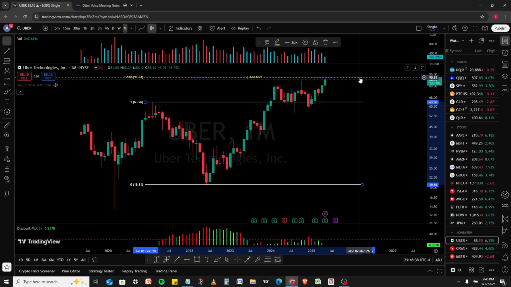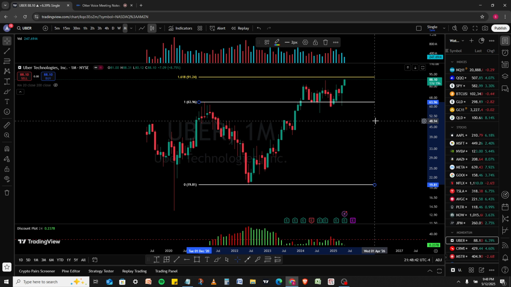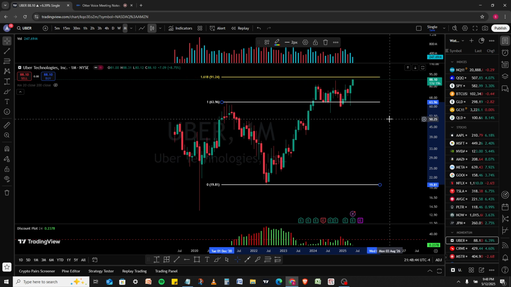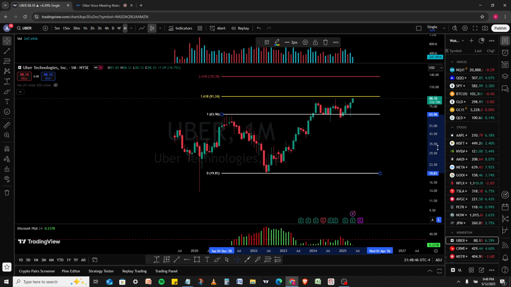The very next target is $91 on the chart, which is not too far. A 3 to 4% move is very likely possible very soon. And if we continue to break and stay above that 92 level on the Uber chart, we are going to see 135 levels anytime soon, maybe in the next 2 to 3 months. So you are looking at least around 40 to 50% upside in Uber in the next few weeks to months.